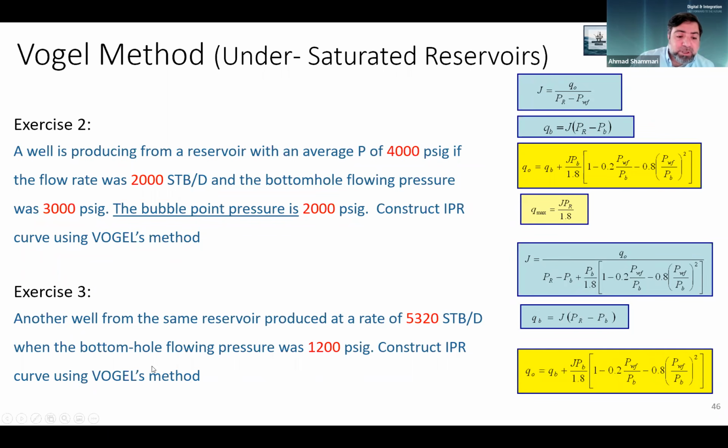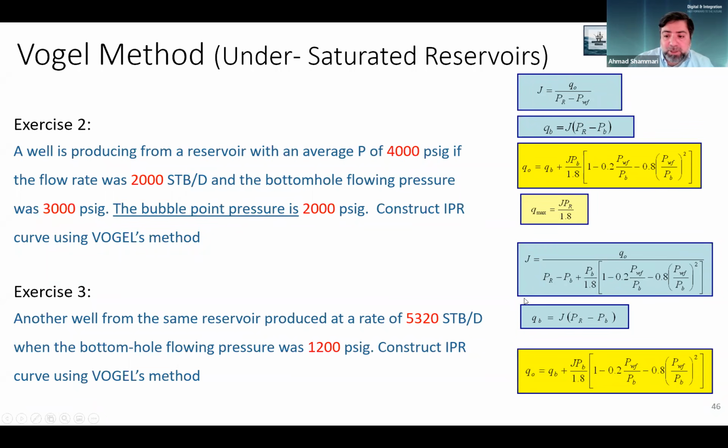The only difference between this well and the previous well is that the test point is below the bubble point. So now the difference between this exercise and the previous exercise is in the way we calculate J. How do I calculate J for the second one?